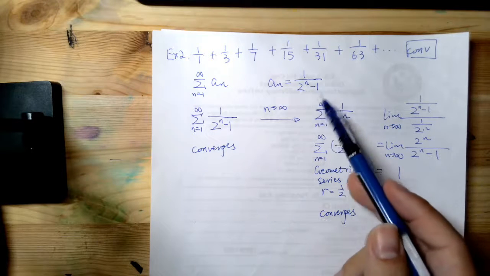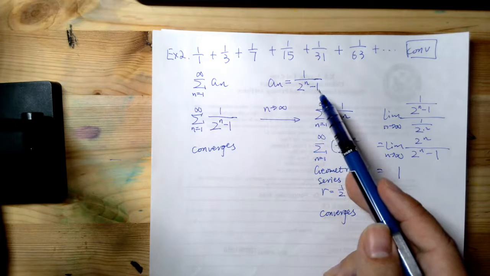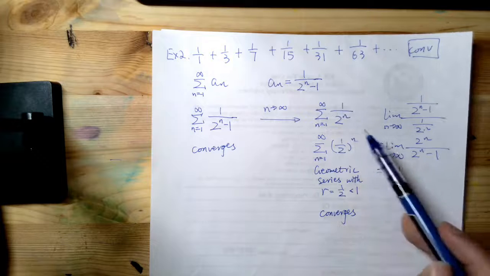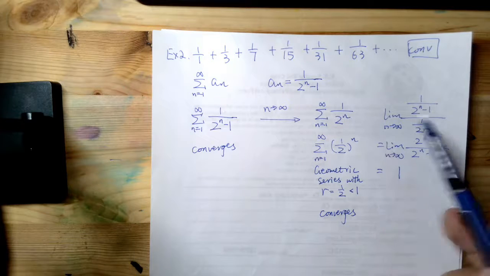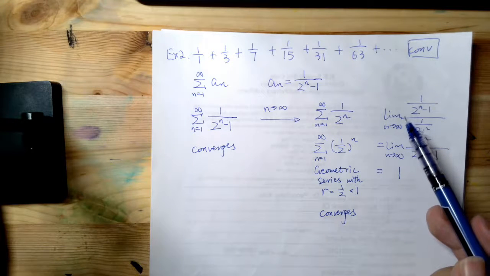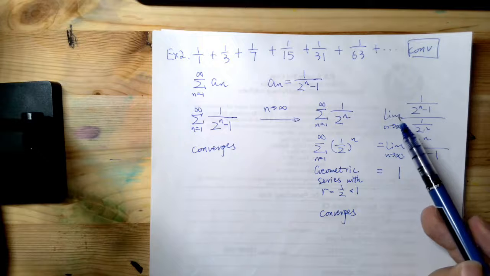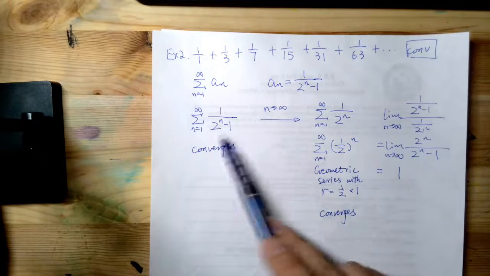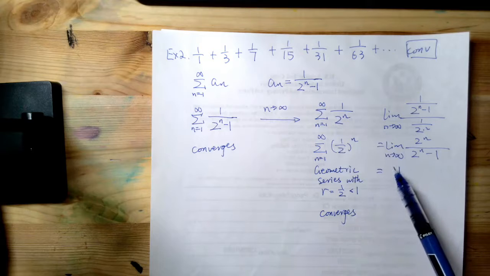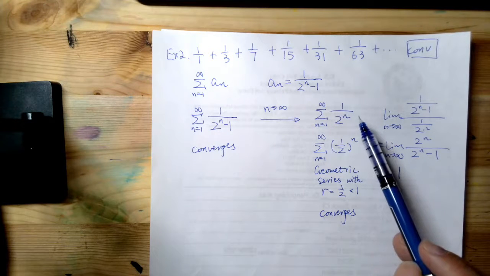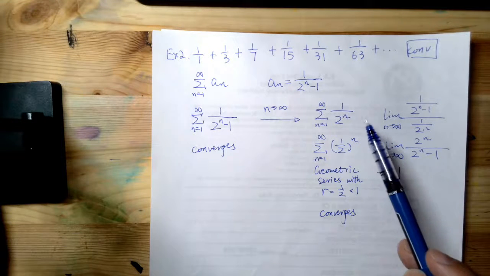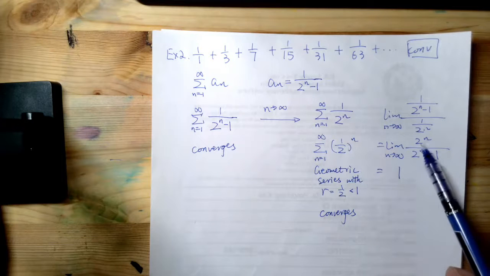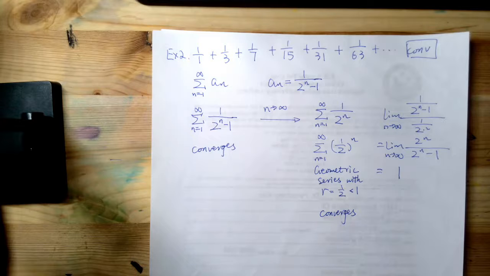In this problem, because 1 over 2 to the power n minus 1, we can link to 1 over 2 to the power n very easily, right? And we also know that the limit of both parts equals 1, and this is a geometric series with common ratio 1 over 2. It converges. So based on the limit comparison, the series converges.